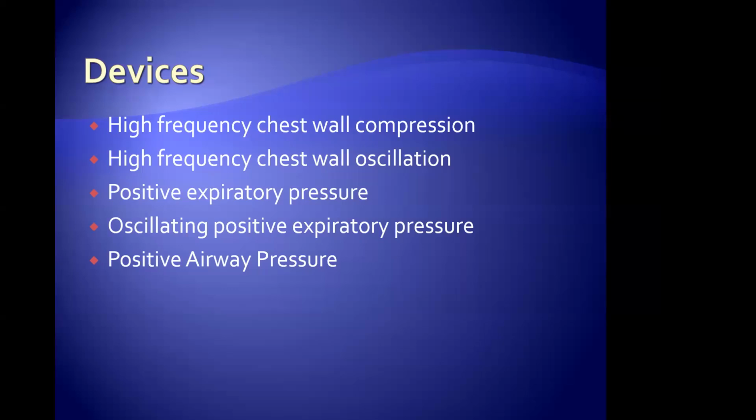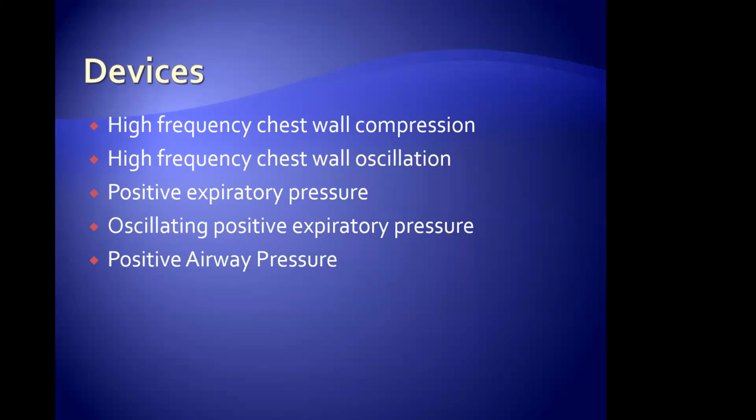Yes. Oscillating positive expiratory pressure, that's nothing new to us. We got that. Those devices that are out there now will do all of that for us. So my patient is breathing along, and now I have these devices that are helping them do all those things. And then positive airway pressure, because I want to increase FRC. I want to get the secretions out.